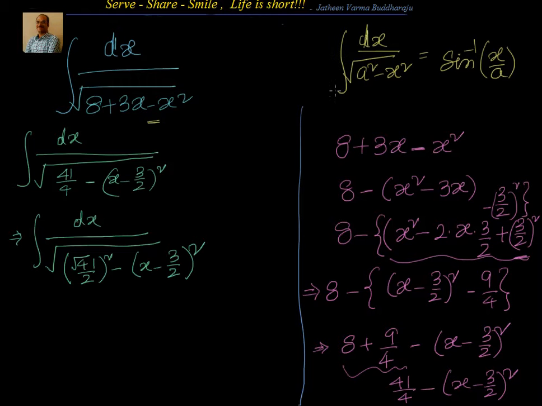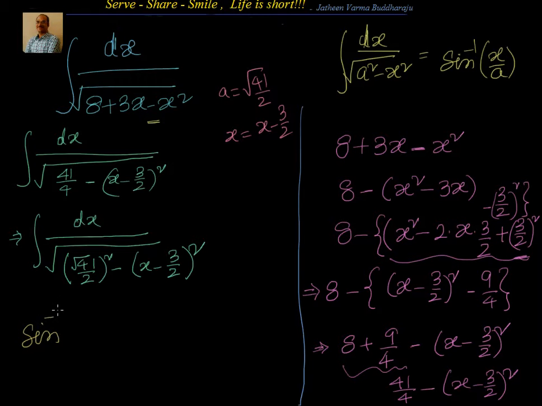Now we are in the form of dx by square root of a square minus x square, where a equals root 41 by 2 and x equals x minus 3 by 2. If I take x minus 3 by 2 equal to t, I will have dx equal to dt. So everything will remain as it is. The next step will be the integral, which is sine inverse x by a.